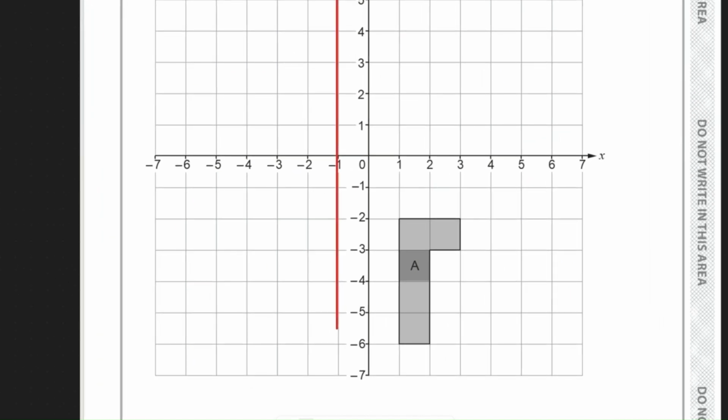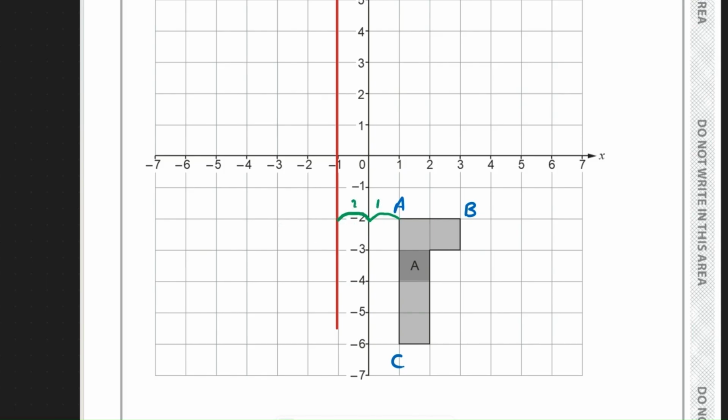And how to reflect this one? The easier way to avoid any confusion, what we always do here, is name the edges here, for example, here. And then count how many squares away from the mirror. So A is 1, 2 squares here.